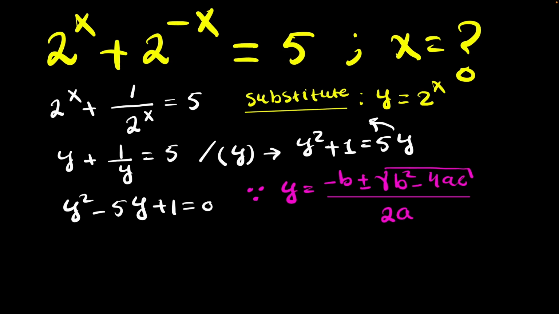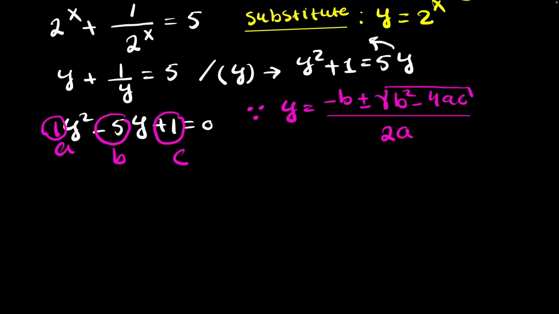As you know, the coefficient of y squared is 1, and this is our a, and the coefficient of y is our b, which is negative 5, and the constant that we have here is c. So let's go and plug in these numbers into our formula.